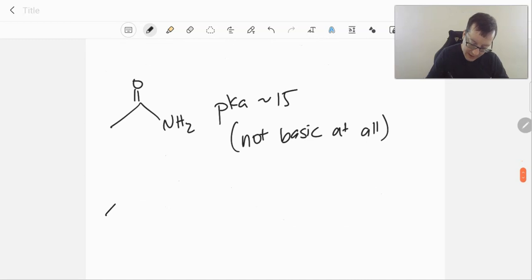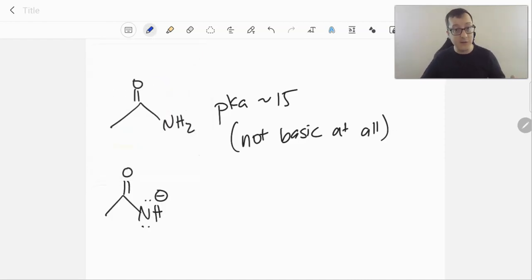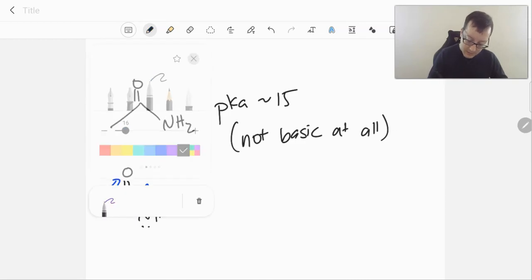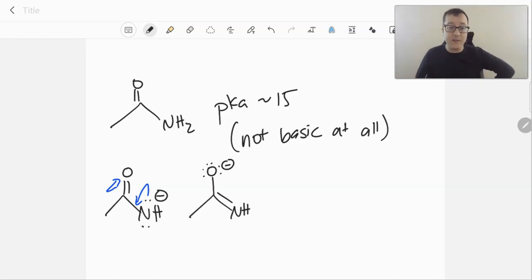And so if we take a look at how that looks, if we go ahead and deprotonate it, of course, the particular acidity is determined by the stability of the conjugate base. So here's our conjugate base. It can resonate just like a carboxylic acid can, giving us the following. And so it's, of course, more stable to have the negative charge on the oxygen once the resonance happens, because oxygen is more electronegative.